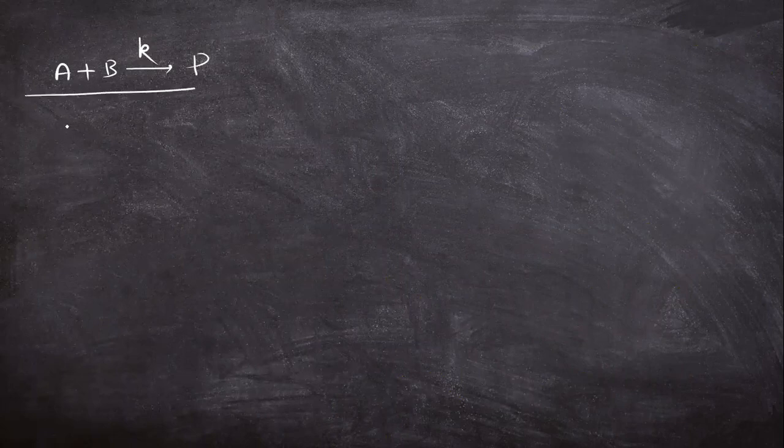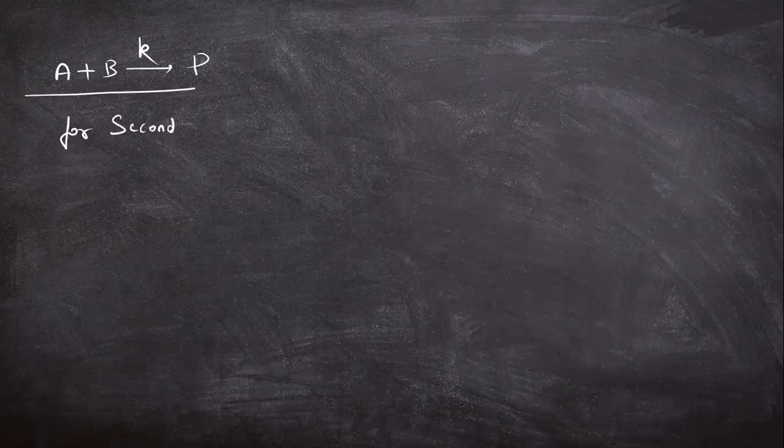Let me consider the reaction A plus P giving rise to P. Rate constant K, and T is the time taken for the reaction. By seeing this reaction, we can understand the reaction is second order.